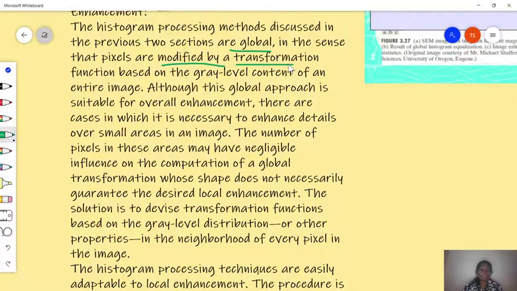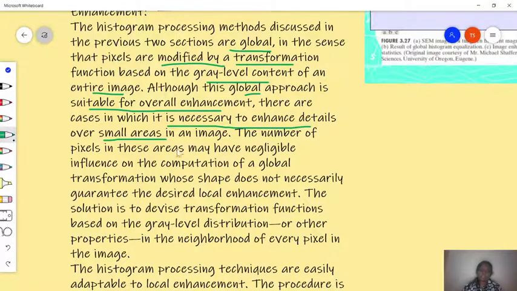Now, within the local histogram processing, we used the square or a rectangular neighborhood. The global approach, based on the gray level content of an entire image, is suitable for overall enhancement, but when we apply local histogram processing, it is necessary to enhance details over small areas in an image.